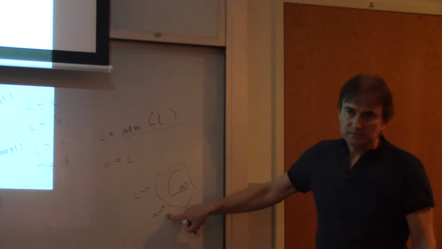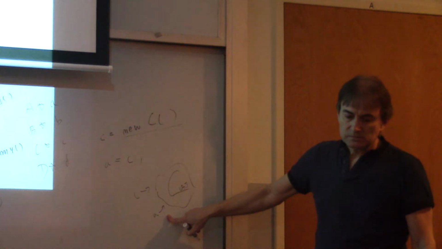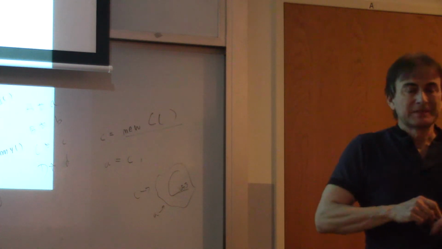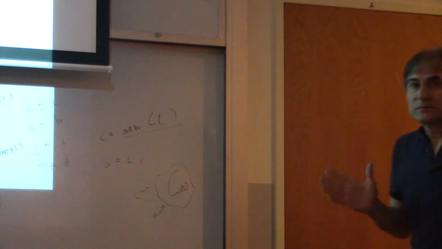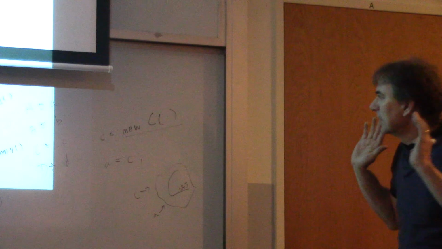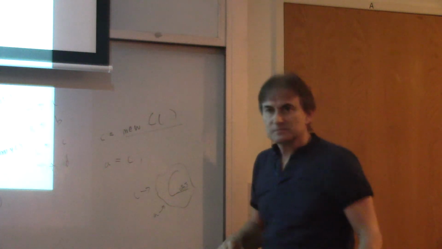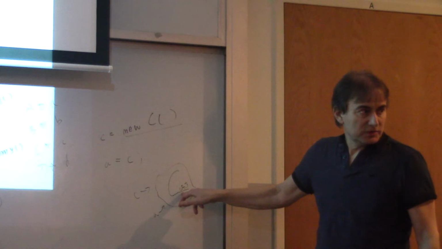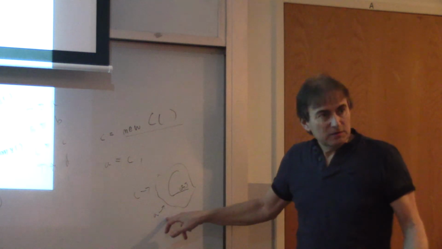Which methods can the A pointer invoke? M1. What about M4? But doesn't this thing have access to M4? Sure it does. So actually, you're right.